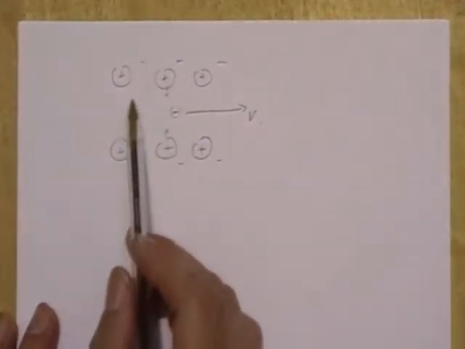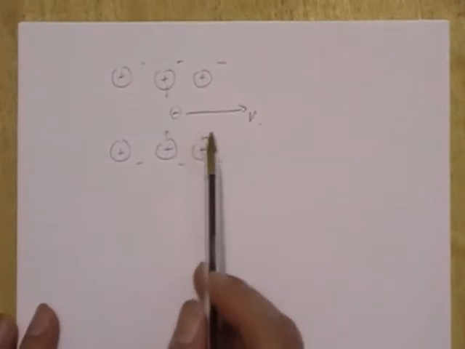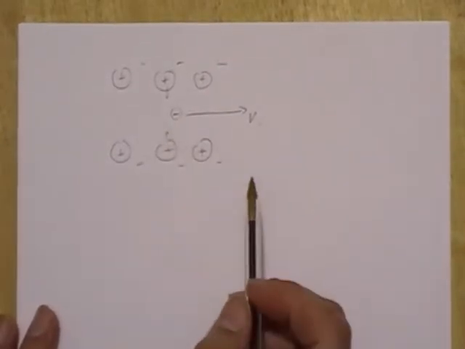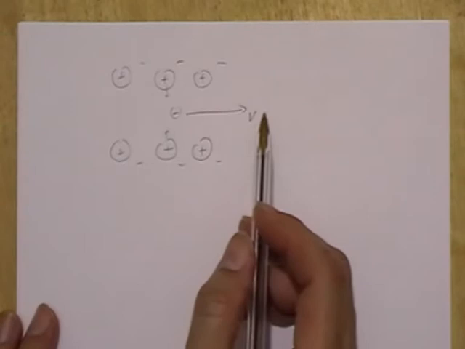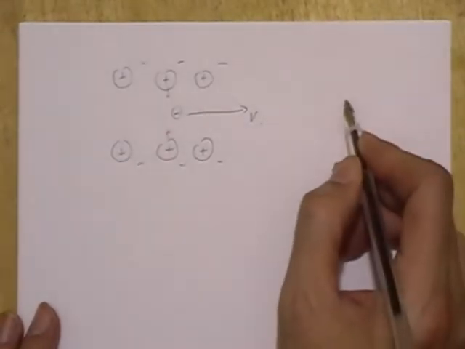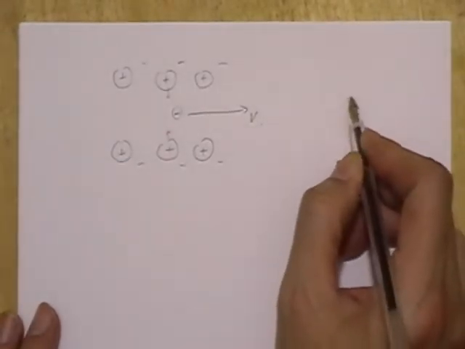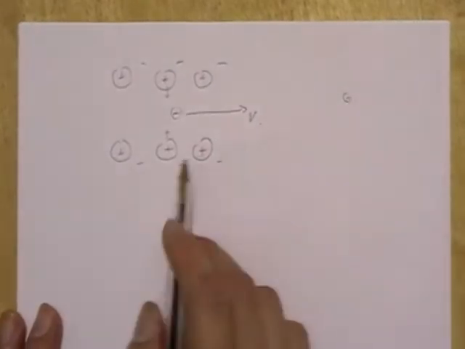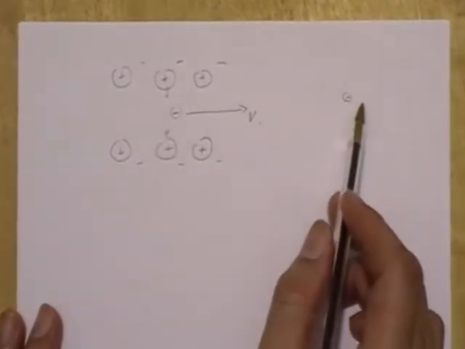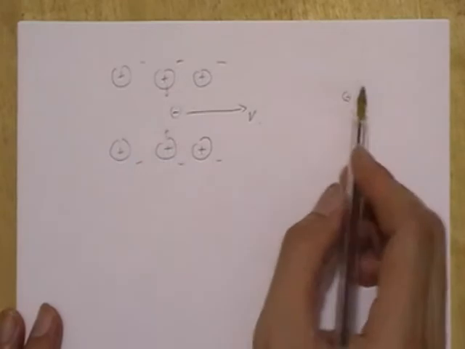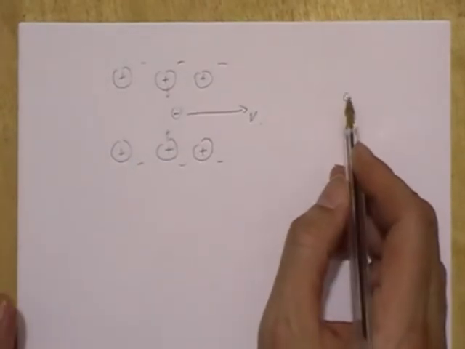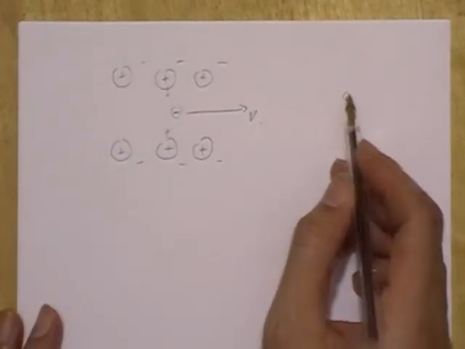Now the effect of these two ions moving slightly, as they come closer together, is to create a region of slightly higher positive charge. And as a result, it would become attractive to, say, another electron nearby.